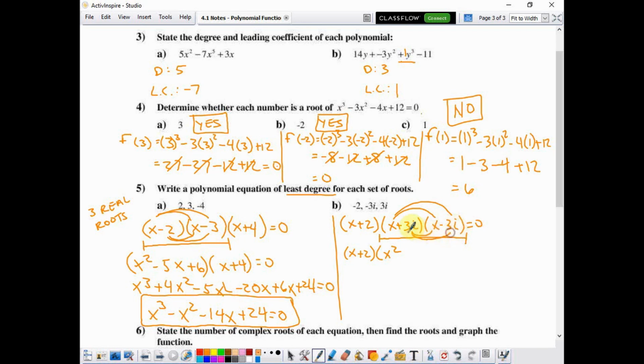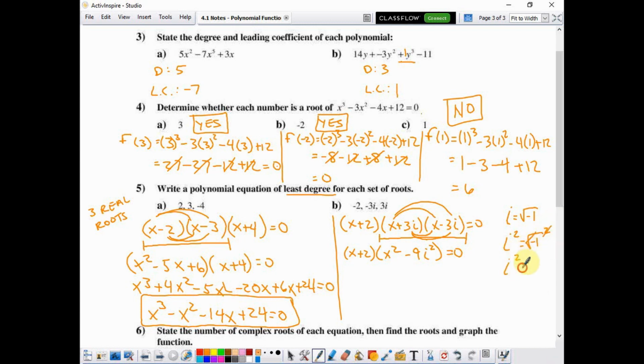Then I've got 3i times negative 3i, and that is negative 9 times i squared. Now let's simplify this i squared. So i is the square root of negative 1, which means i squared is the square root of negative 1 squared, which cancels out that radical.